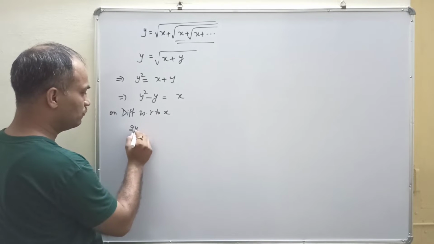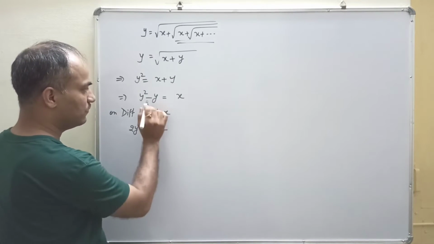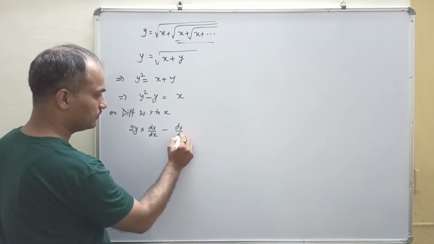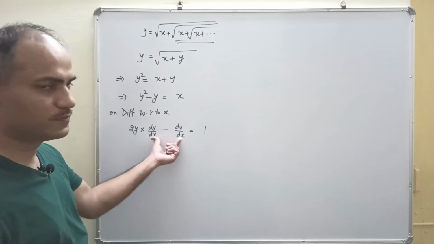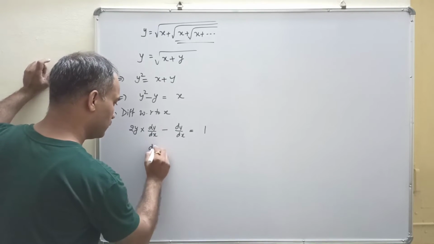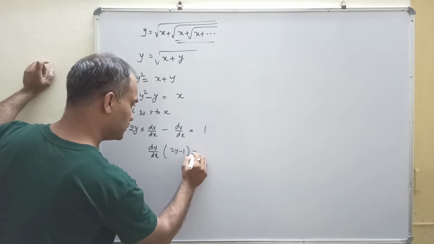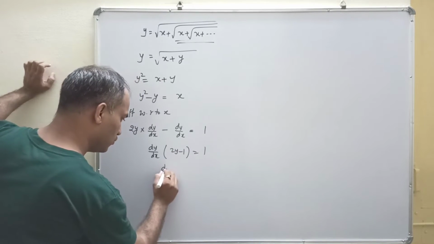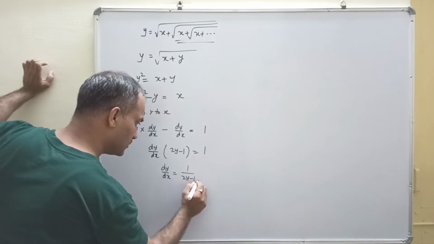Differentiation of y square is 2y and dy by dx, minus differentiation of y is dy by dx, and here it is 1. Now dy upon dx is common. So (2y minus 1) dy upon dx is equal to 1. So dy upon dx is equal to 1 upon 2y minus 1.